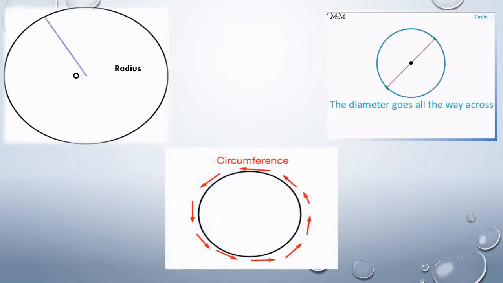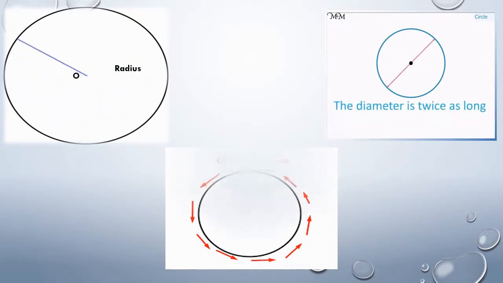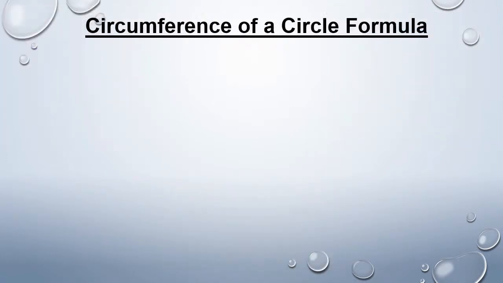Next is circumference of a circle. Circumference is the distance around a circle. Now we will see the formulas of circumference of a circle.